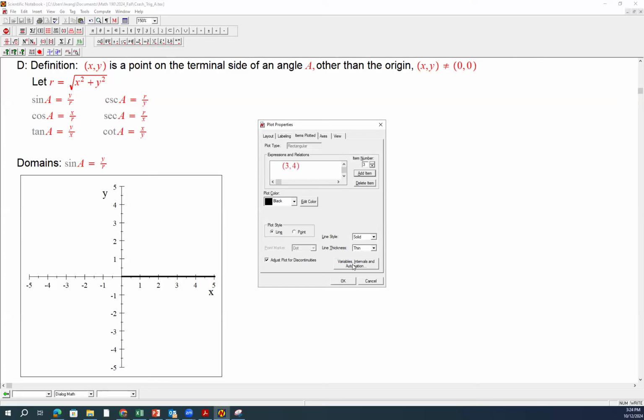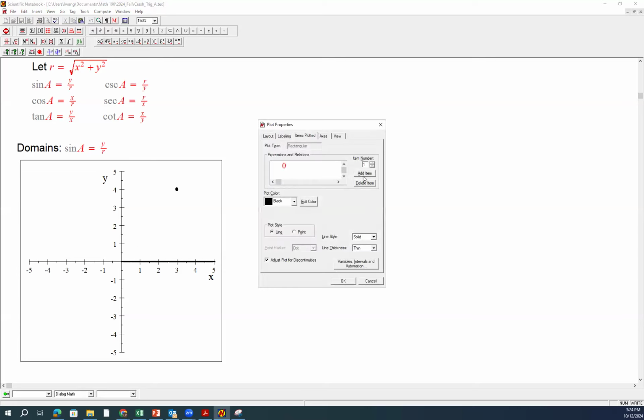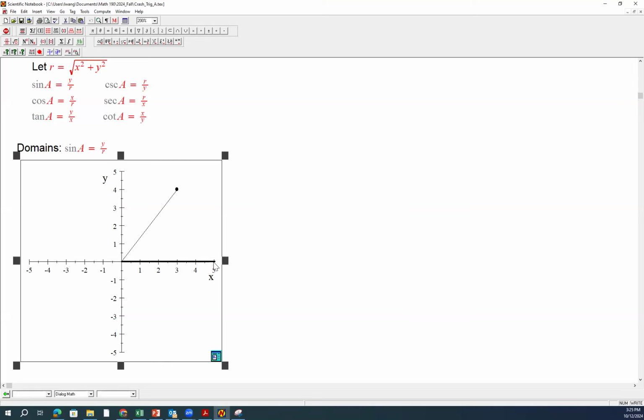In the rectangular system, I'm going to make it a black dot. So that's the point. x equals 3, y equals 4. And we got the angle. The angle is going to be like this. So let me draw the terminal right there.